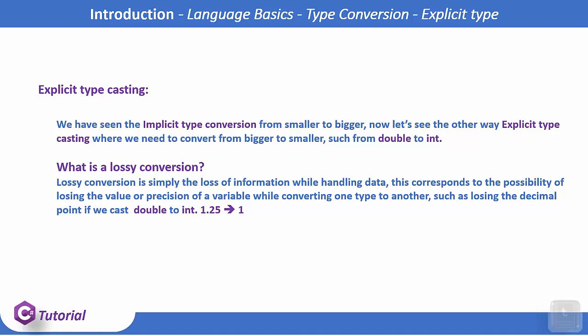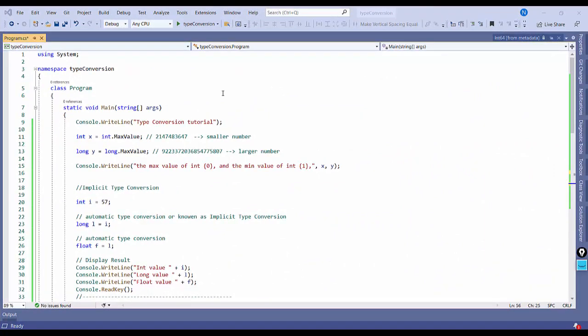Let's go to Visual Studio and practice the type conversion, the implicit and the explicit type. So here we are in Visual Studio now, and we can see the two types of conversions, the implicit type conversion and explicit type conversion.